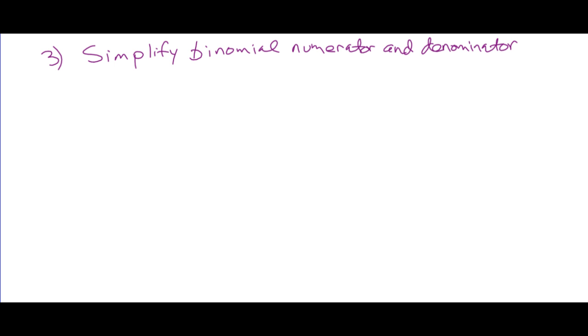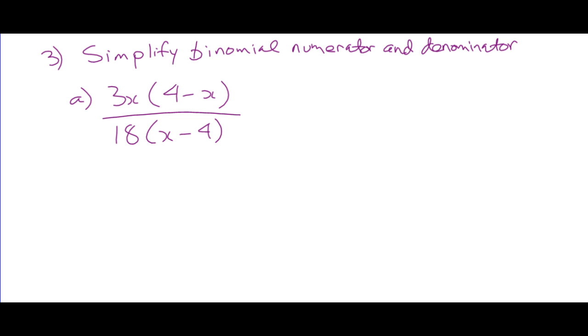I'm going to give you an easy yet hard one. So I'm already going to factor this. So there's a factored form, right? So that could have started out life as like 12x minus 3x squared over 18x minus 72. But I factored it for you.